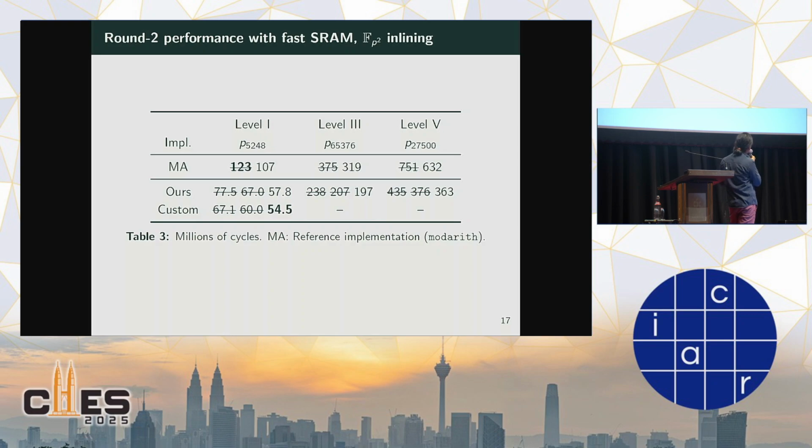The other ones are also included, and the table has more details, but these are the ones that brought us to the best performance that we have. Of course, again, the custom one had the caveat that we need to hand tune it somehow, but the one that we can get just from the generator corresponds to this. And this one is the one with the refactor that was applied to both our version and the reference version.